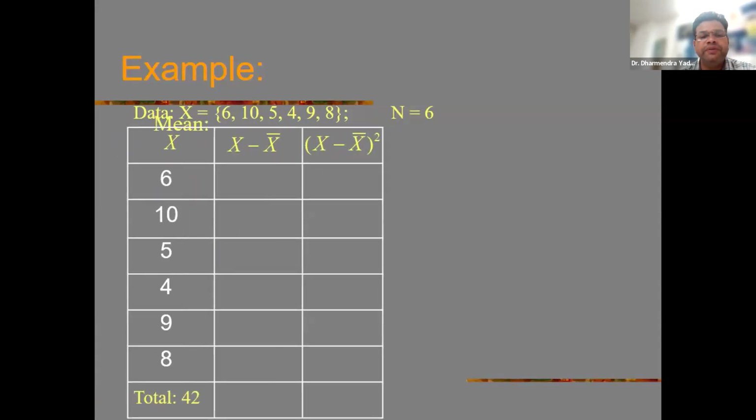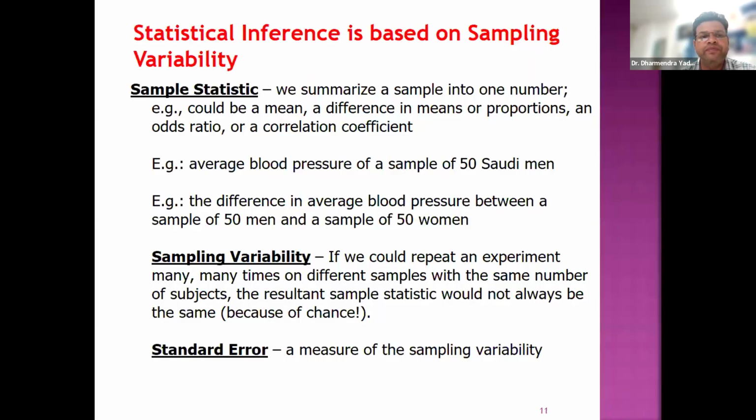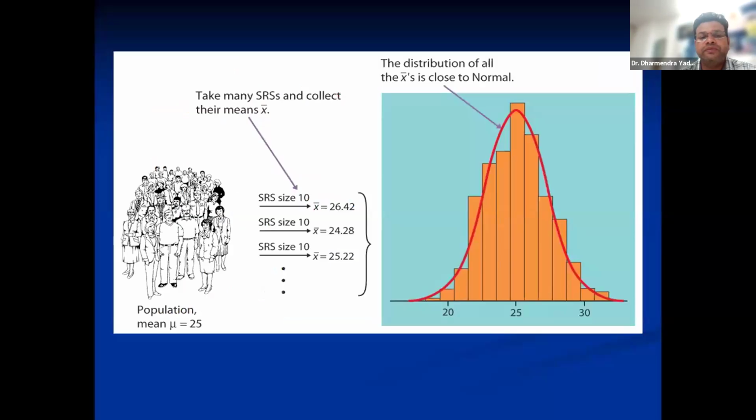Standard error is calculated from the variance and standard deviation. It is a measure of sampling variability, while this is the sample statistic. We have collected 3 samples with simple random sampling and calculated their sample means.